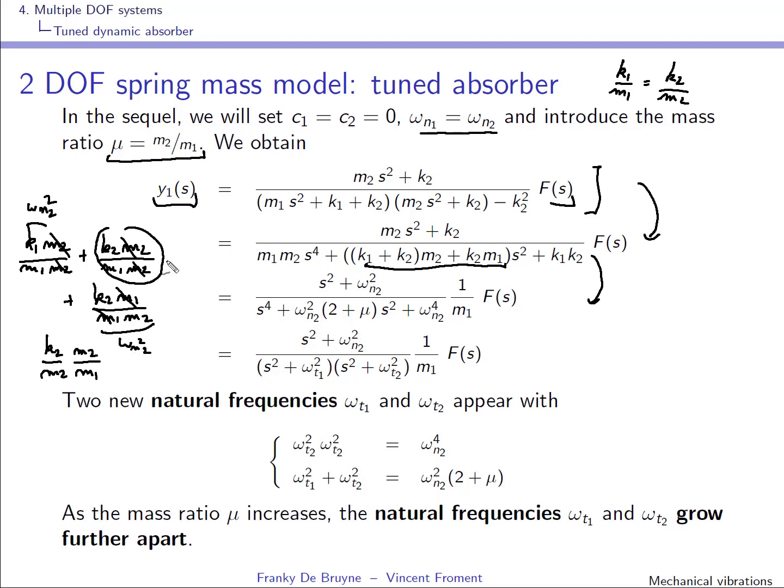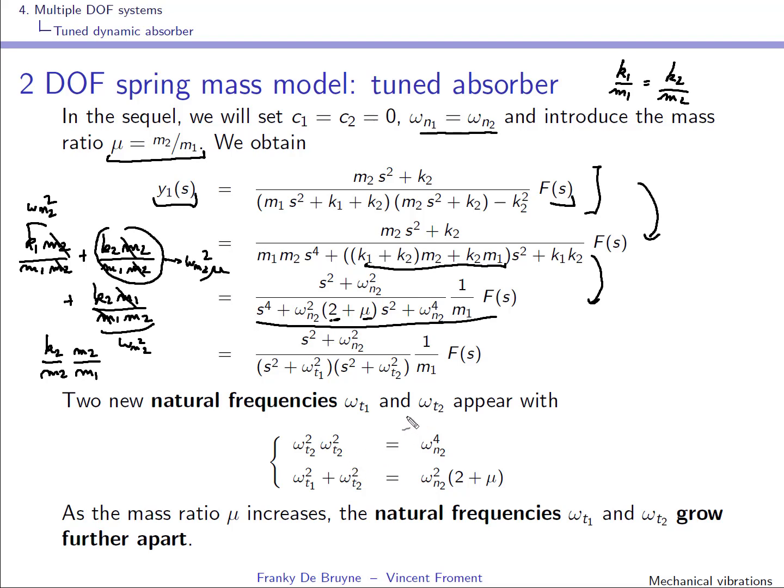Okay, so this one is here omega n2 squared times mu. Okay, so this term will have 2 times omega n2 squared, plus the mu. Okay, so this is how we obtain this equation here.